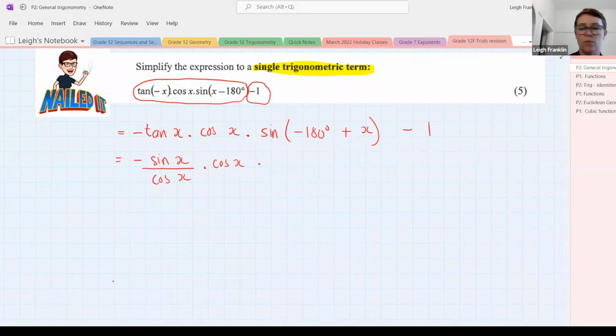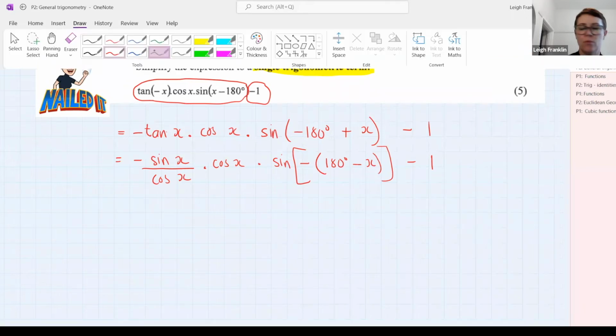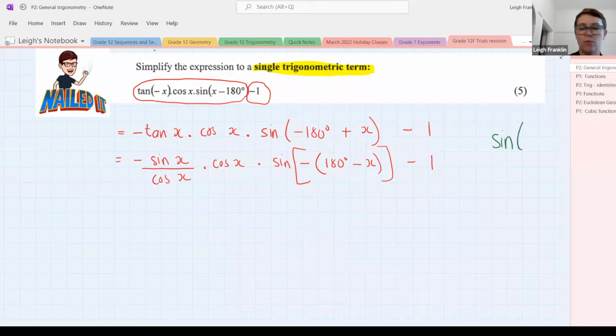Now what we can do here is take the negative out of the bracket. And that's going to give us x minus 1. Now we all remember that rule that the sine of any negative angle is going to be minus sine of that angle.